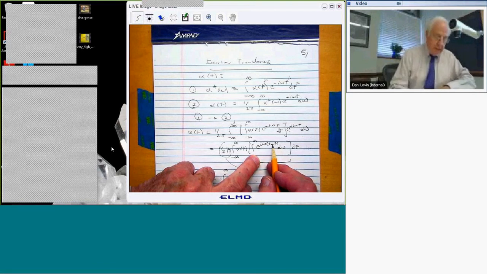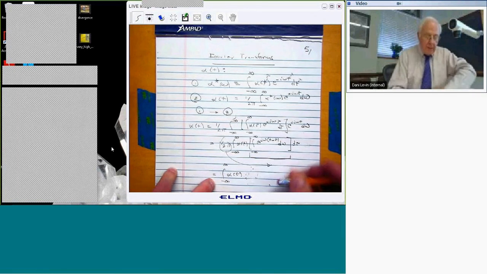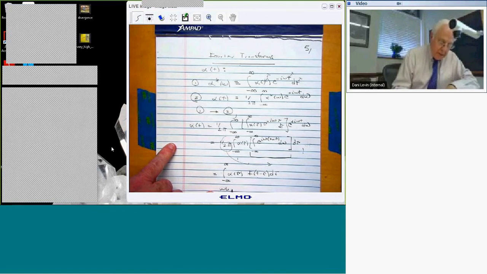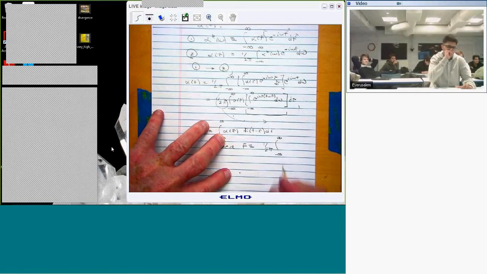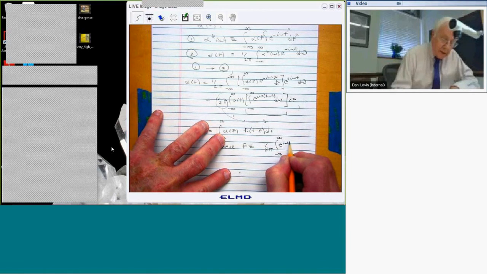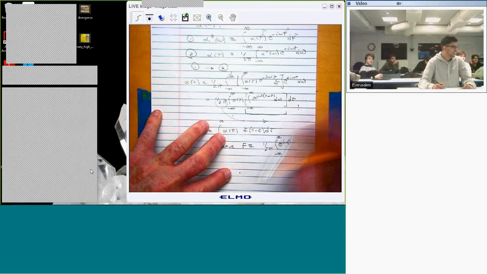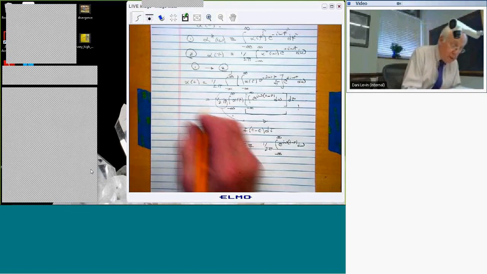So I'm going to write it as the integral of alpha of tau times some function f of t minus tau d tau, where this function is by definition 1 over 2 pi, the integral from minus infinity to infinity of e to the i omega (t minus tau) d omega, right? And all of this must be equal to alpha of t.